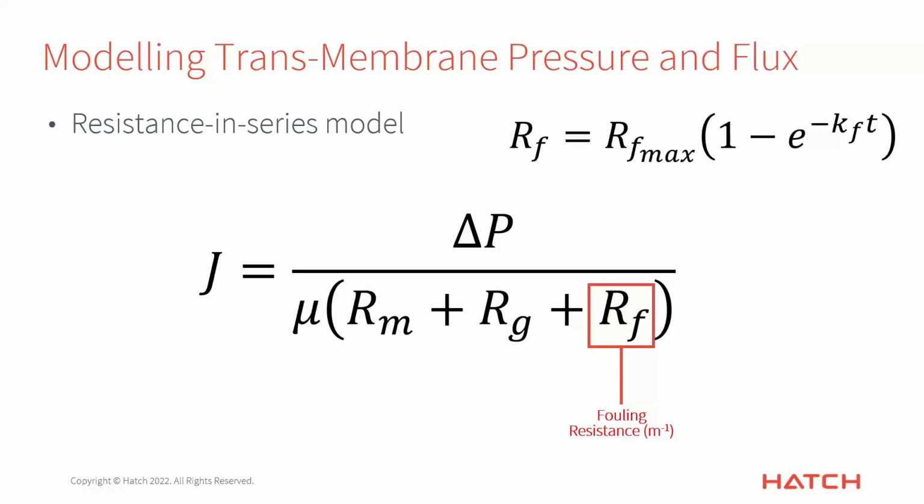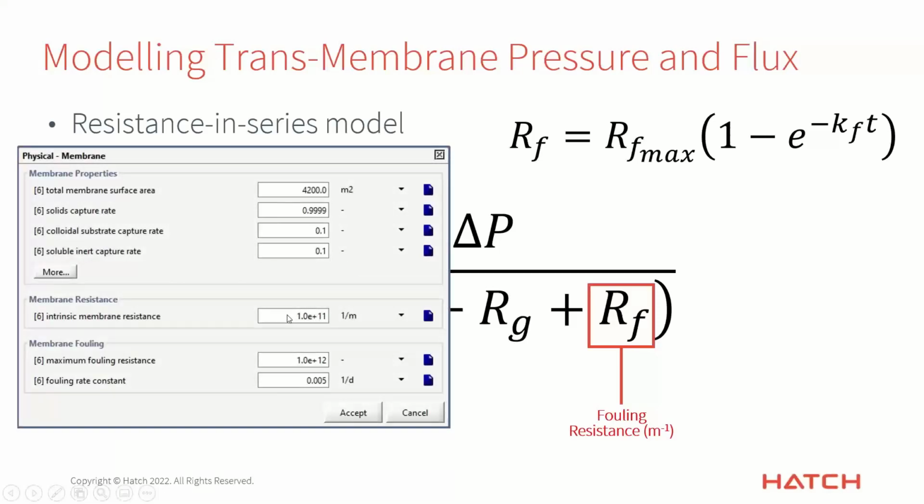Note that you can adjust the parameters of this relationship here. RF max is the maximum fouling resistance, and the fouling rate constant is this K. And T here is the amount of time since the last cleaning event. So every time we do a cleaning event, T goes back to 0, which means this goes back to being 0 resistance, and then it starts to accumulate again over time.